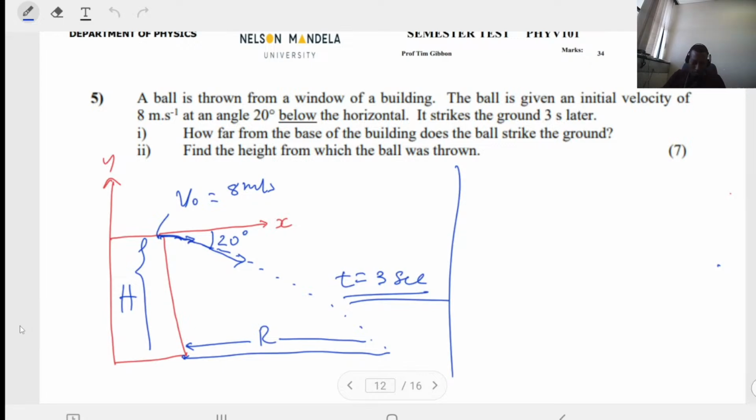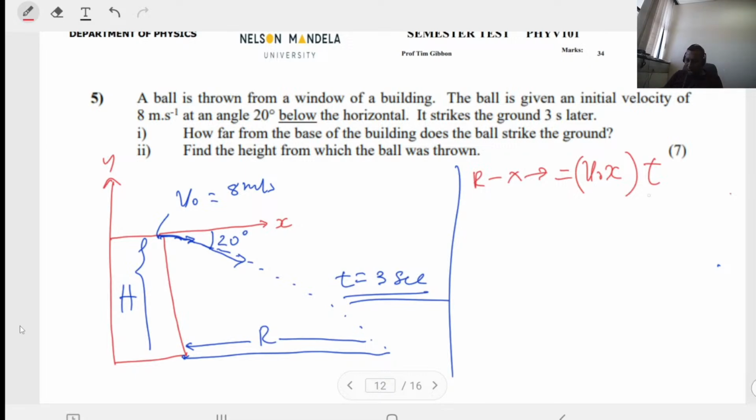Good, let's go. To do that, R is related to the x component. Therefore, R is v naught x times t, because it's a uniform motion, not uniformly accelerated, with no acceleration.